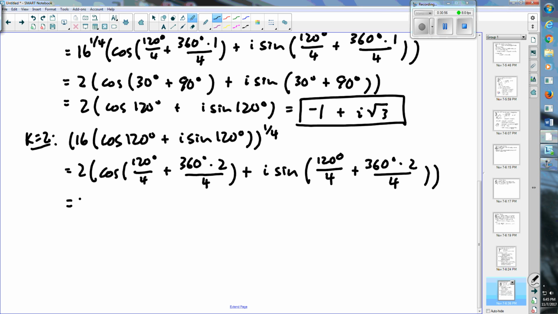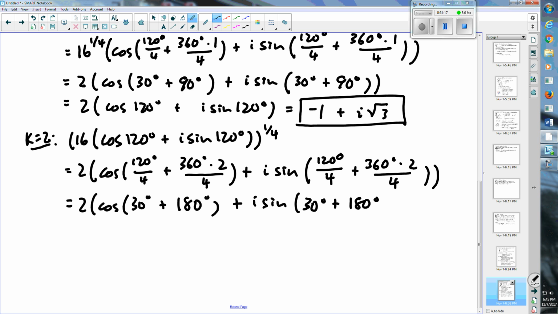All right, so this is 2 times the cosine of 120 over 4, which is 30 degrees, plus 360 times 2 over 4, which is 180 degrees, plus i sine of 30 plus 180 degrees. We end up with 2 times the cosine of 210 degrees plus i times the sine of 210 degrees.